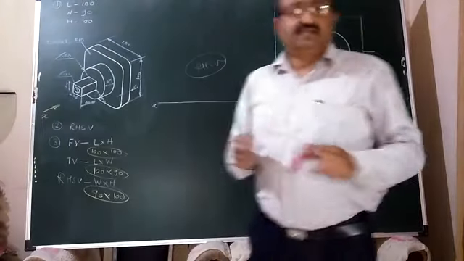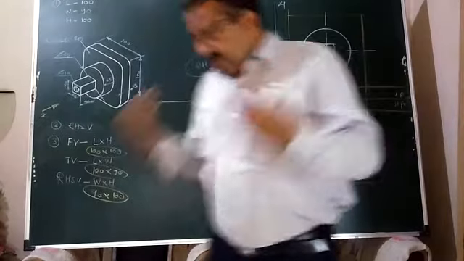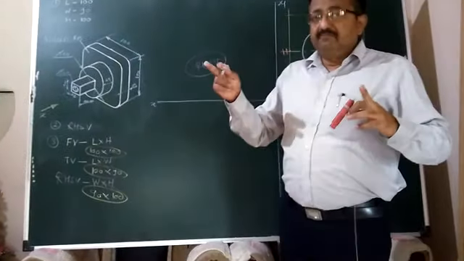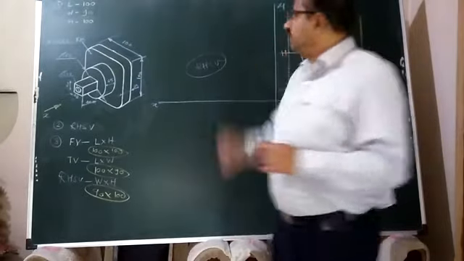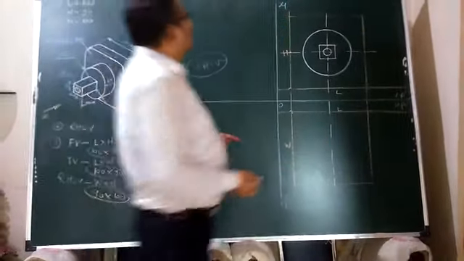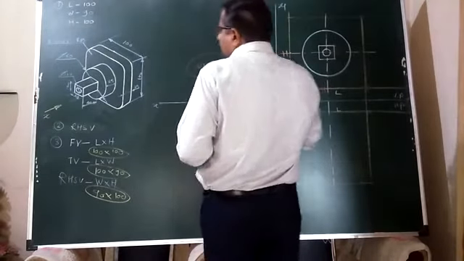To connect two lines at an angle, the angle may be acute, it may be a right angle, or it may be an obtuse angle. How to connect those lines by curvatures of a given radius, that we have learned while the geometrical construction chapter was going on. Okay, so accordingly now what do we have to do? A 15 mm radius is there.